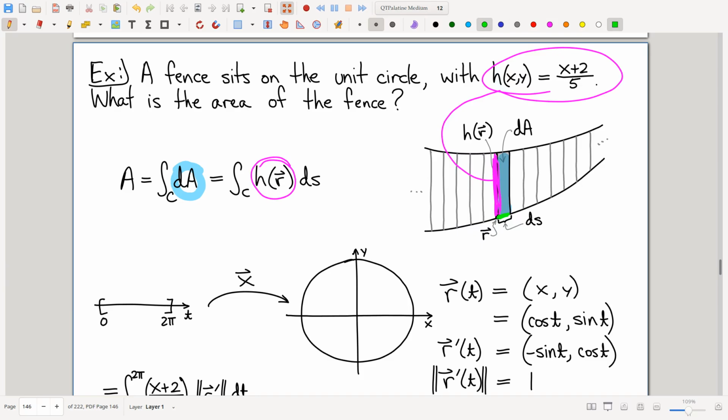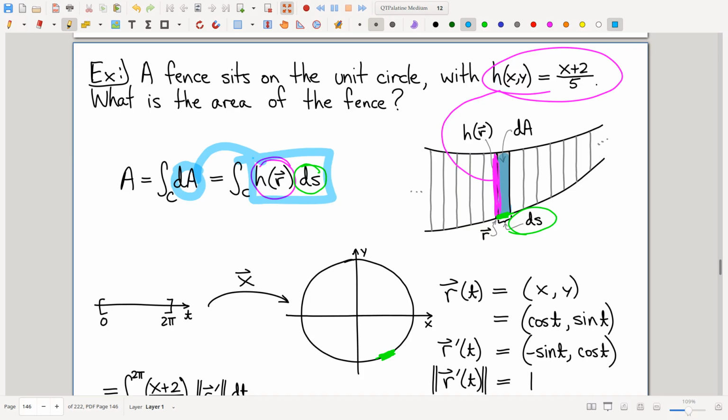Times the width of that little, what I'm calling picket, which of course is a little piece of my curve, a little piece of the curve we call ds. Right? That's the length of that little piece of curve, ds. Okay, so knowing that area, of course, is height times width, like so.